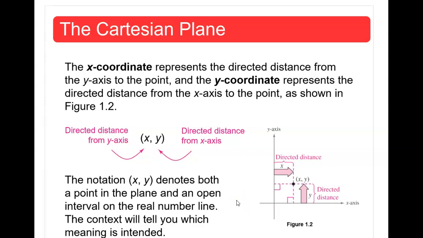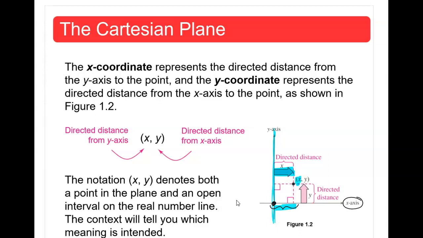I would like to say from the origin, but it says from the y-axis, because even though we're looking for the x-coordinate, it's going to be the distance from that y-axis here, horizontally, to any point. And that's the same distance that I'm talking about here.